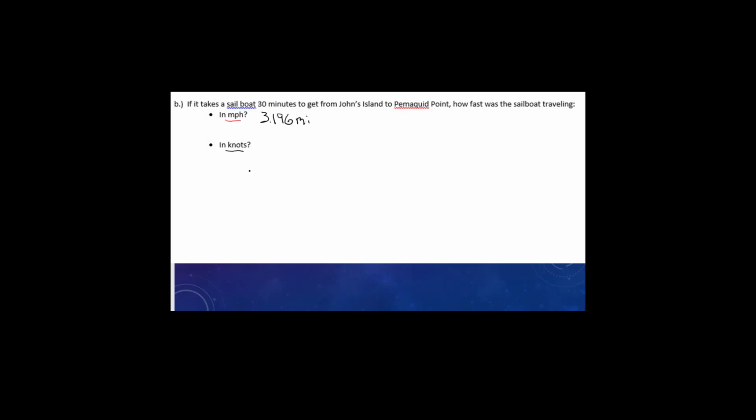And we know the distance in nautical miles, which we calculated to be 2.78 nautical miles. And now we also know the time. 30 minutes.